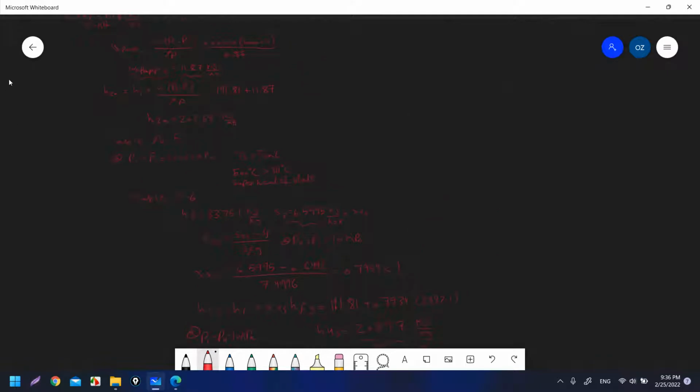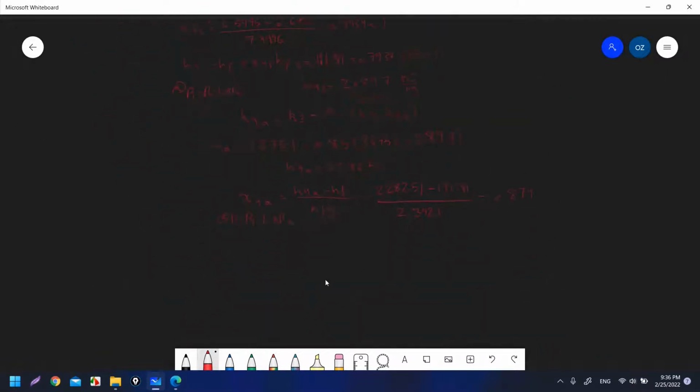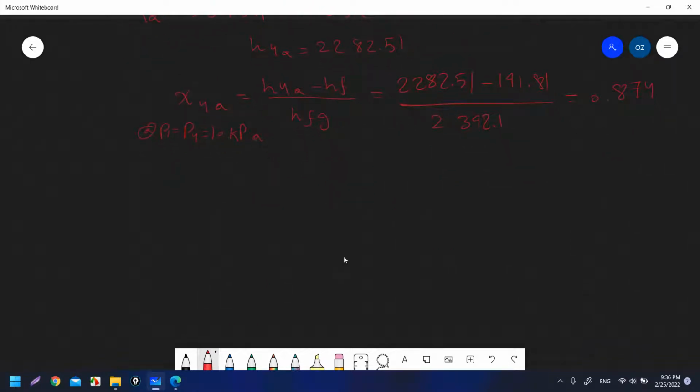The second part was the actual thermal efficiency. The actual thermal efficiency is equal to 1 minus H4A minus H1 over H3 minus H2A.